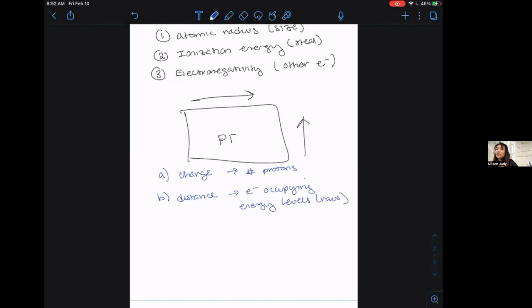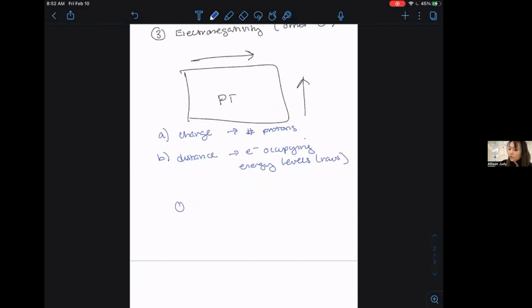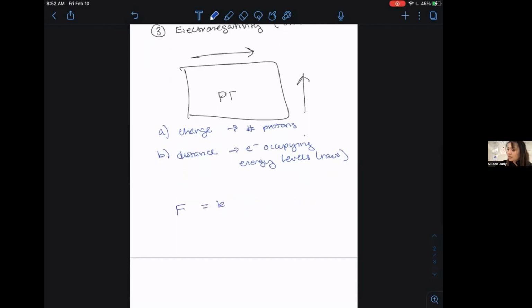Together those impact the Coulombic attraction. Now, there was an equation: the force is equal to some constant times charge 1 times charge 2, the magnitudes of charge, all over r squared.